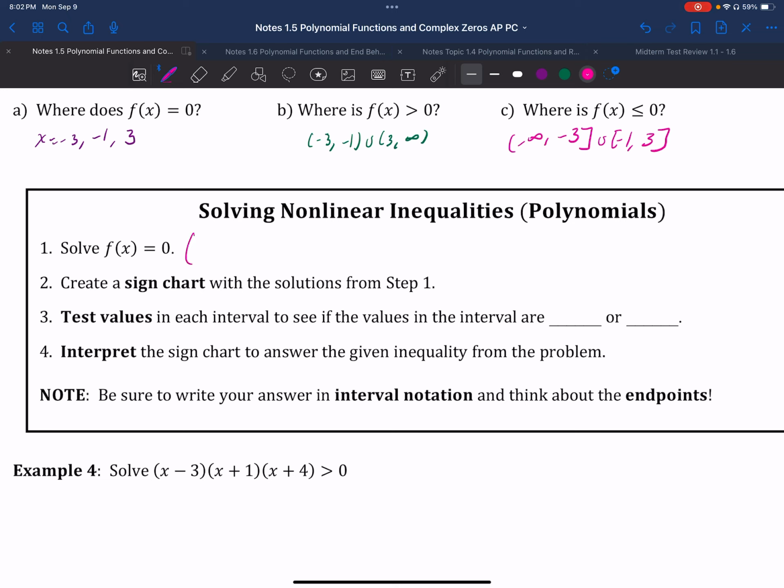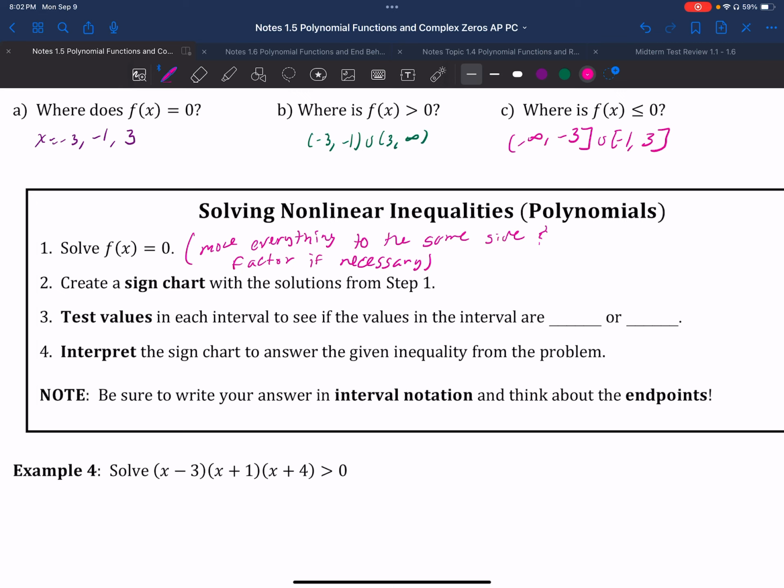I am going to add on here, move everything to the same side and factor if necessary. So this is going to be some added extra steps that are part of step number 1. You don't always have to do it, but when you do, it's very helpful to have it in your notes.